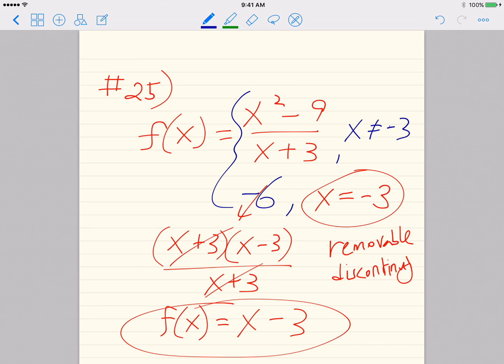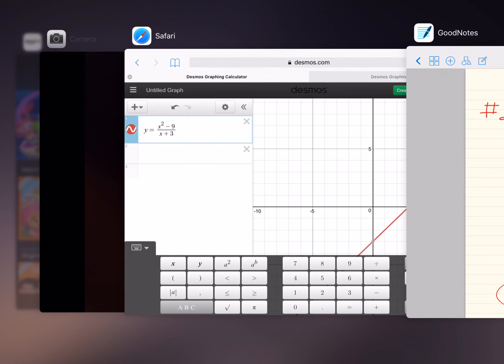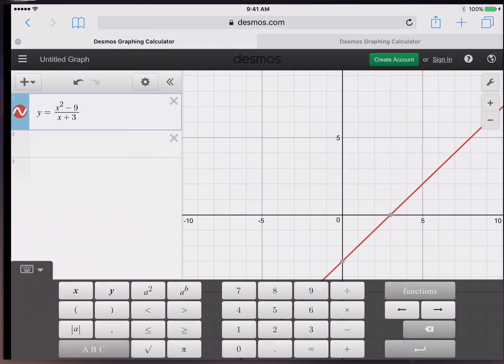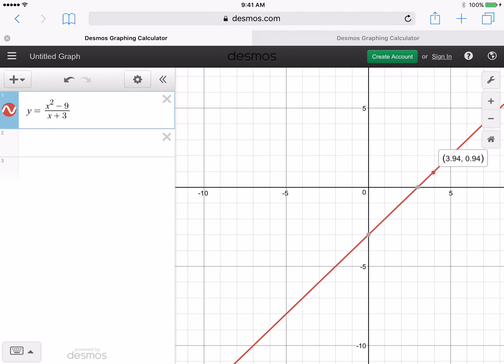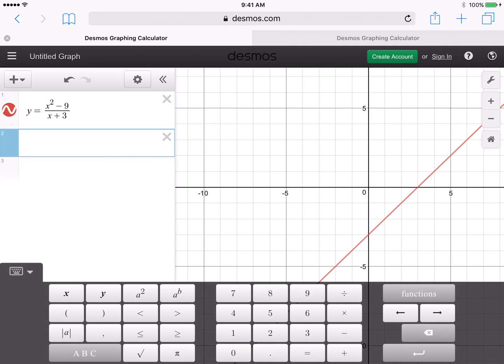You could look at this graphically too, just to show you that this works. Right now, here you see that's -3. It's undefined.